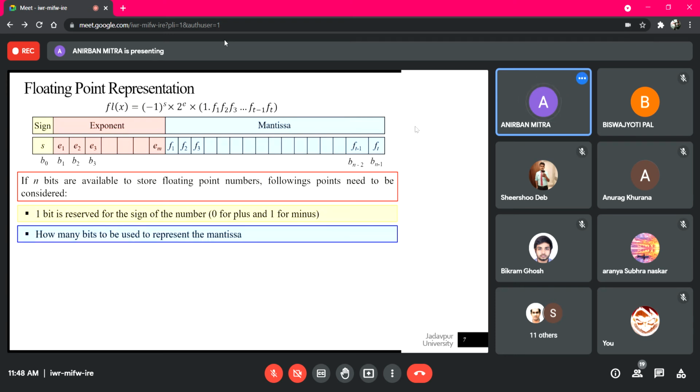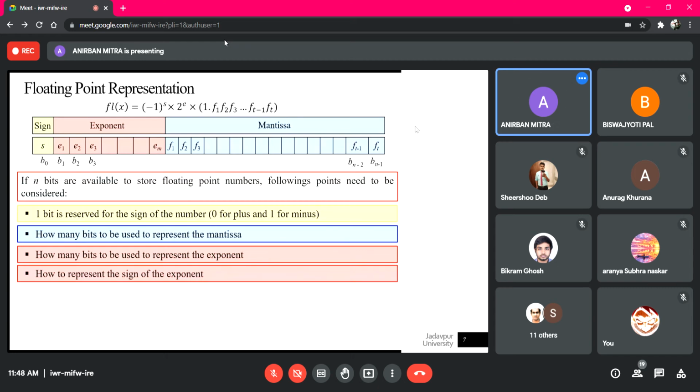Next comes the question of how many bits to be used to represent the mantissa, followed by these two very pertinent questions: how many bits to be used to represent the exponent, and finally, how to represent the sign of the exponent. The sign of the mantissa is already taken care of. We need to think about the sign of the exponent.